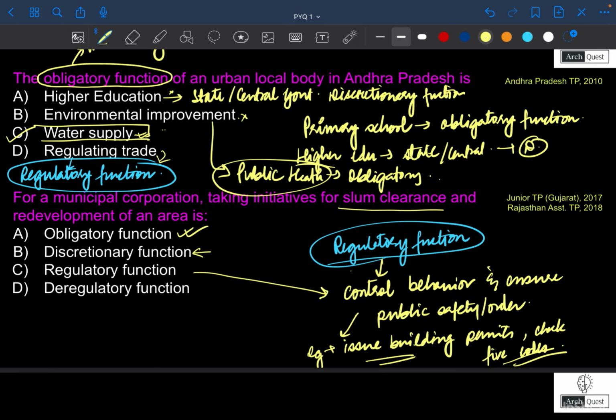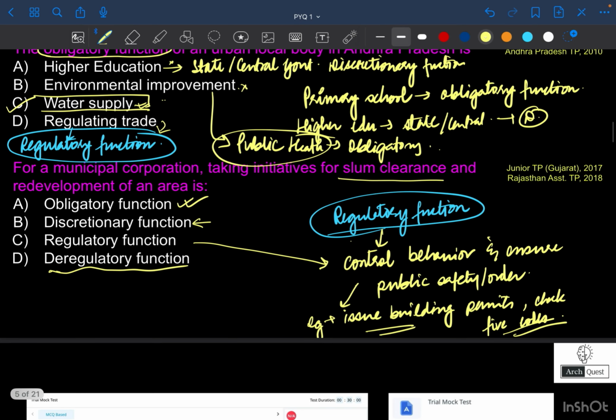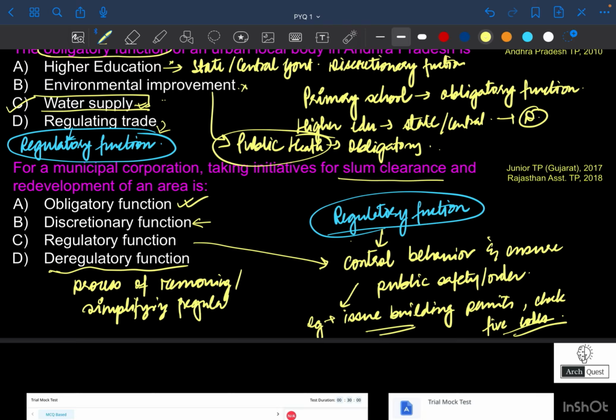Now deregulatory function क्या होता है? This is a process of removing or simplifying regulations.